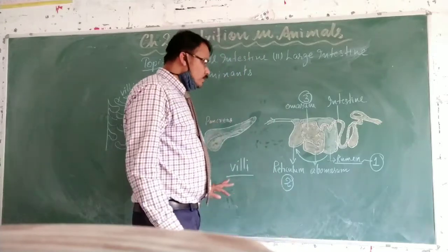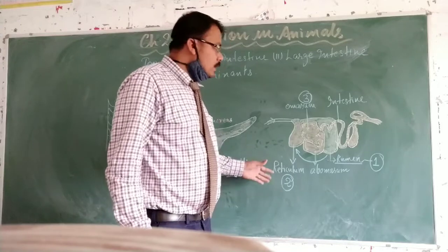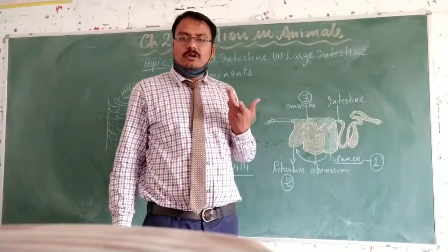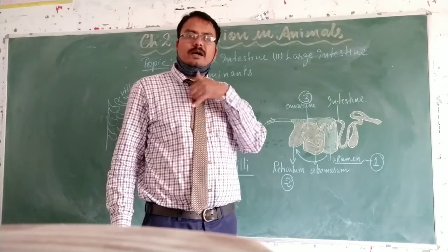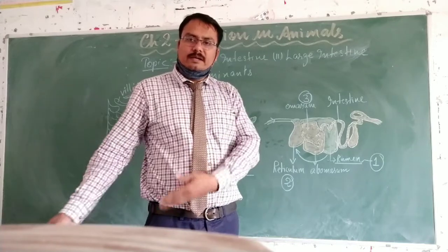So students, this whole process you have seen. In our system, there is only what? Alimentary canal. In our alimentary canal, there is only the stomach, small intestine, large intestine, rectum and anus.